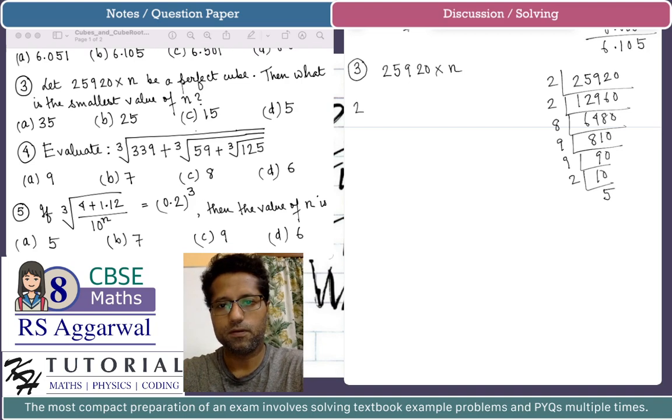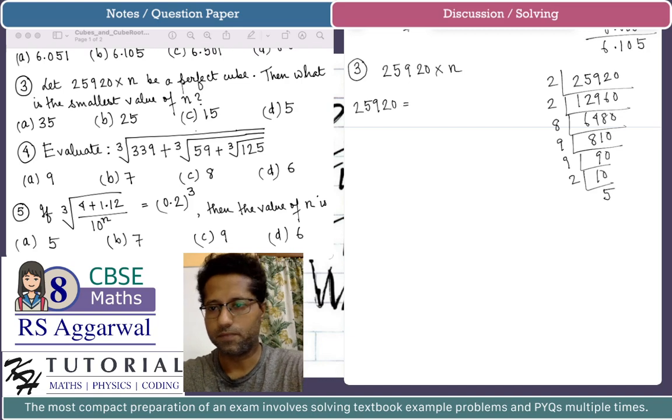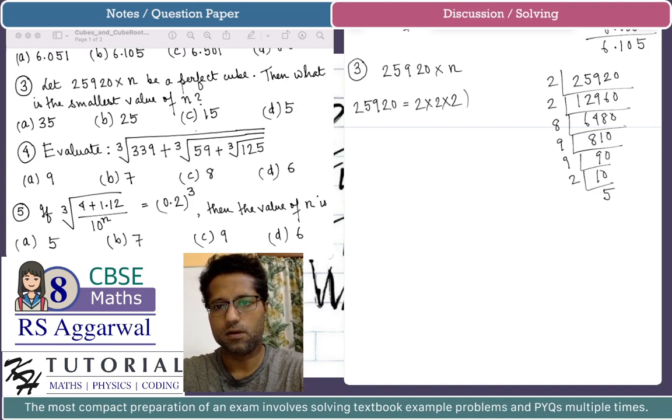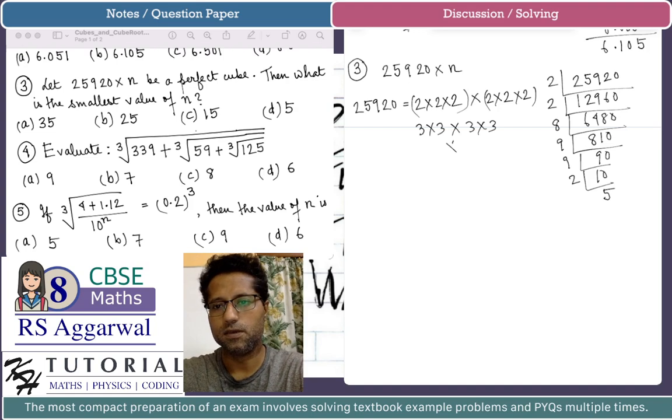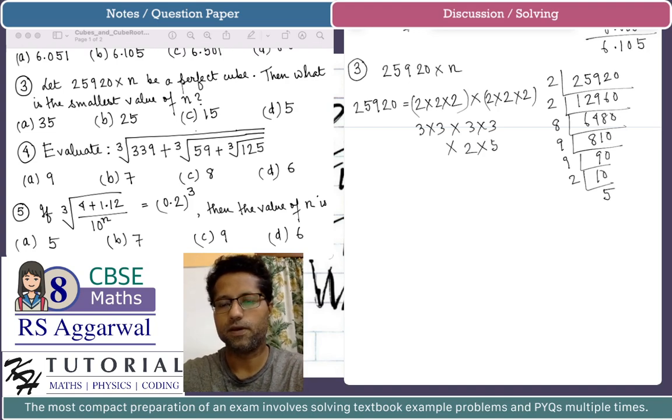So the prime factorization of 25920: we are having 3 2's, we can already see 3 2's. So let's create the triplet, and we can see 8 will also create a triplet of 2 into 2 into 2. Then we can see 2 nines, so 9 can be 3 into 3, and there is another 9, 3 into 3, and we see 2 and 5.